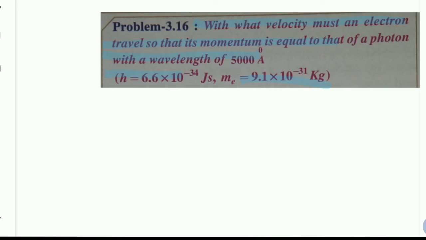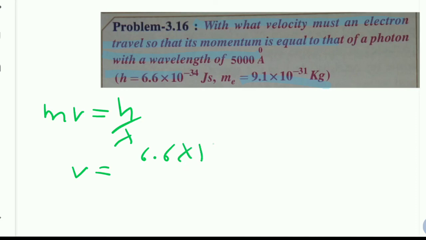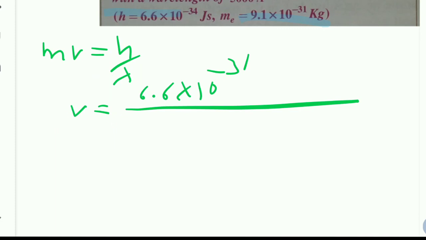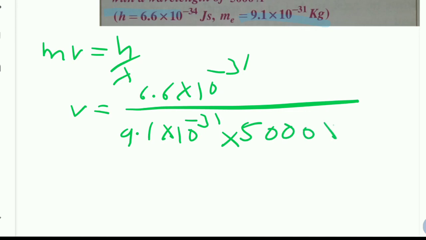Then mv is equal to h by lambda, then v is equal to 6.6 into 10 to the power of minus 34 by 9.1, this is the mass of the electron, 10 to the power of minus 31 into wavelength 5000 into 10 to the power of minus 10.